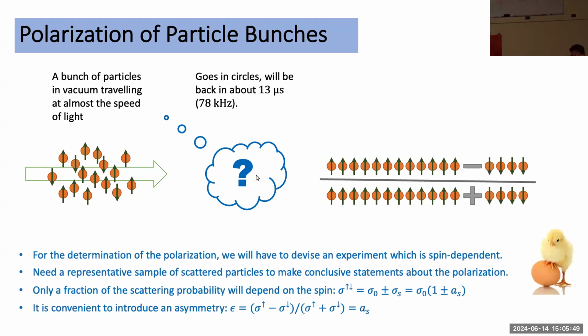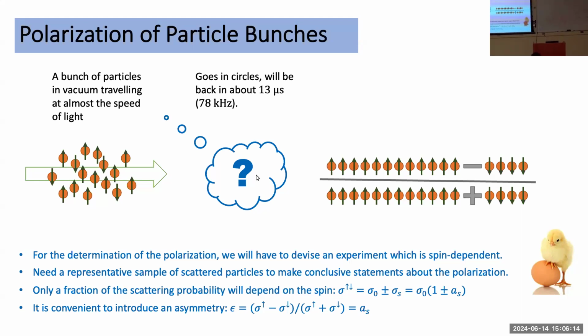But essentially, you really need to do a separate experiment in the machine to determine the polarization. You need a sample of scattered particles large enough to have a conclusive statement about the polarization. And of course, only a fraction of the scattering probability depends on the spin.